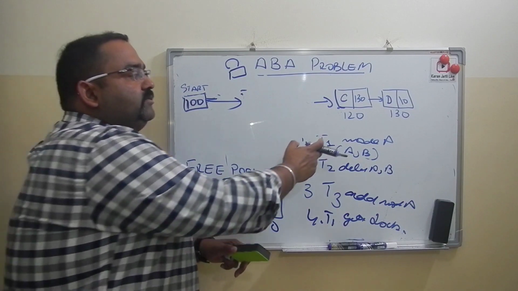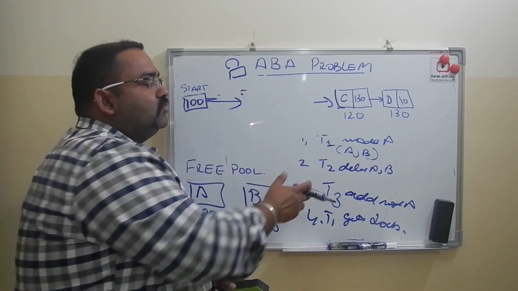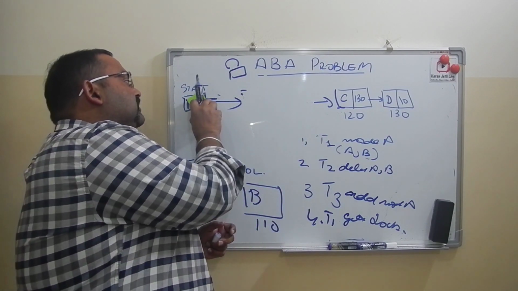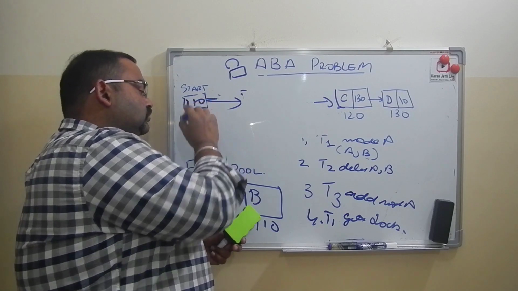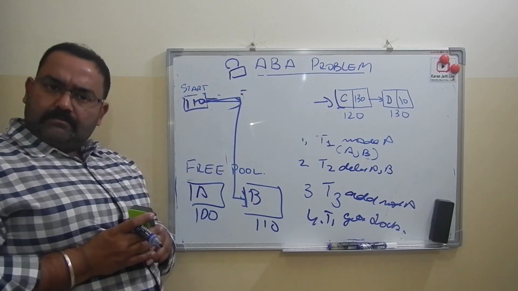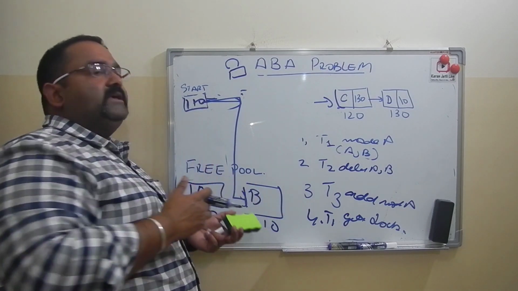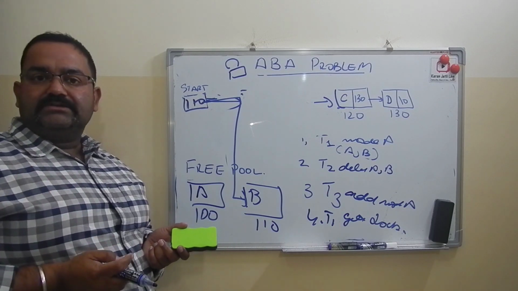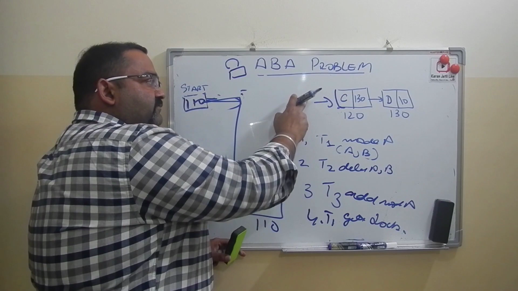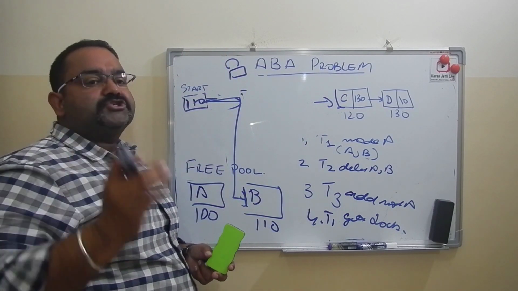According to T1, the second node is B. It does not know that B has been deleted. So it modifies the start pointer to point to B. Then we go from start to B, and B is still in the free pool, which leaves our linked list in an inconsistent state.